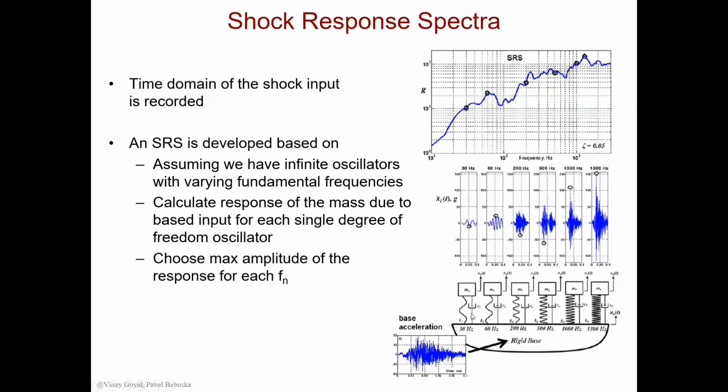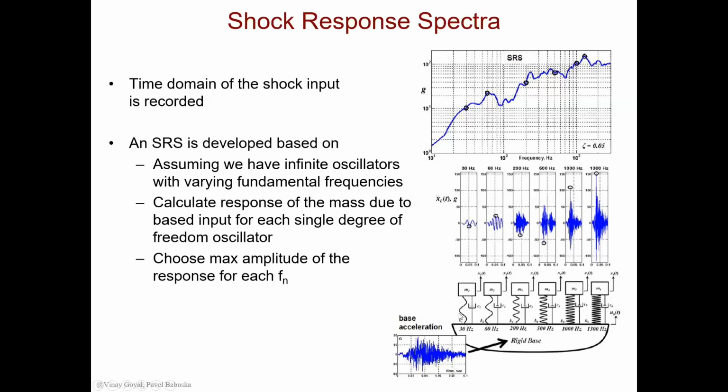Every single degree of freedom system has been tuned carefully to give a particular frequency. So here you have a single degree of freedom oscillator with a mass, damping, and stiffness of 30 hertz. I could have a single degree of freedom system at 1 hertz, 2 hertz, 3 hertz, all the way, in this example, to 1300 hertz.